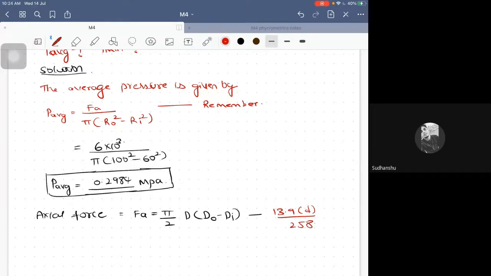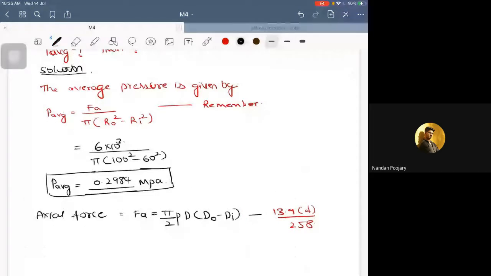I guess it is P, pressure has to be multiplied. Just check. P max. Yes, P max is there. So pressure has to be multiplied over there. So there is a P in between.